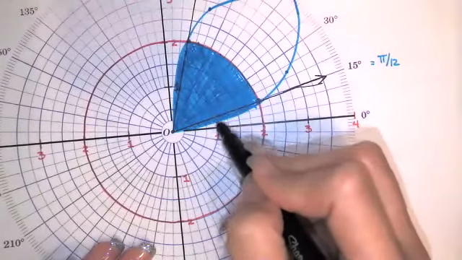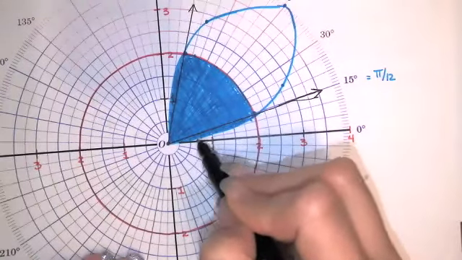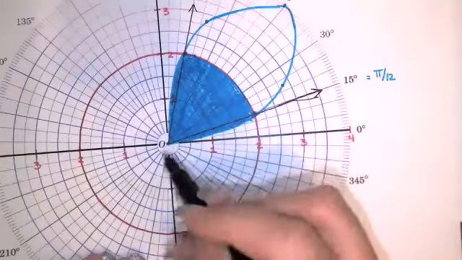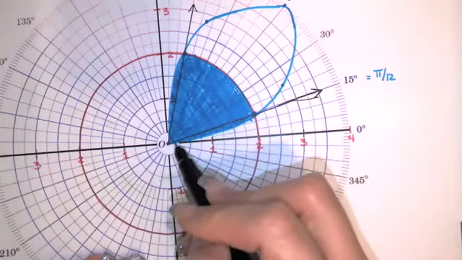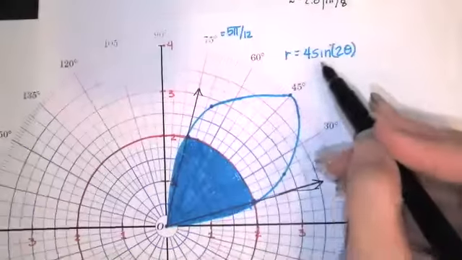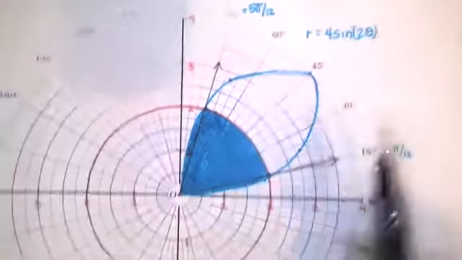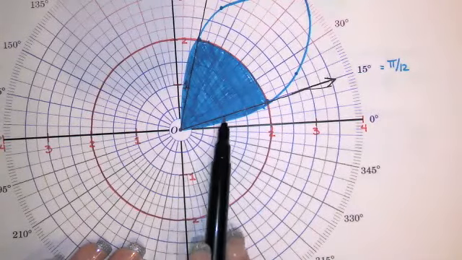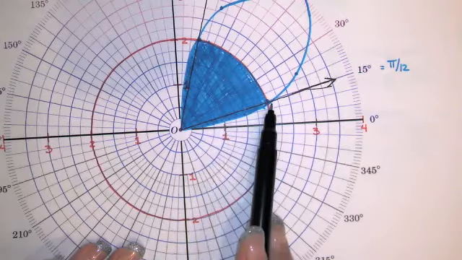Now the next part is this area here. Now this area is bounded by the equation of this rose petal in our rose curve. So the r value here is r equals 4 sine of 2 theta. Now theta is starting at 0 and going out to pi over 12 to trace that part of the curve.